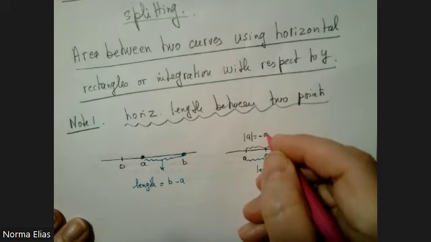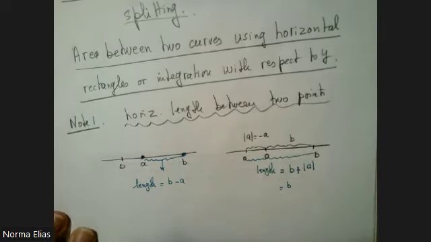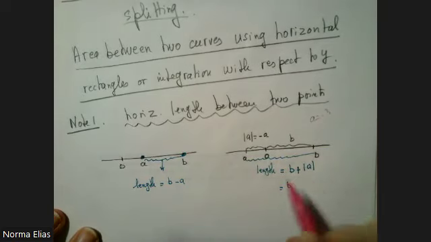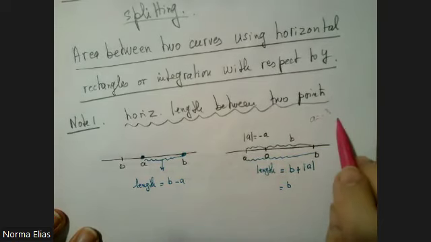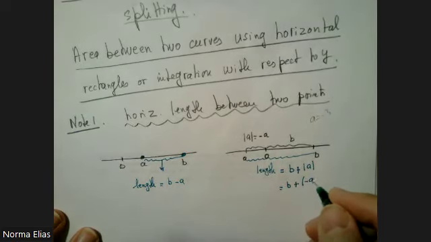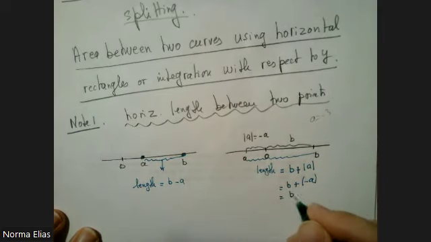It's not A, it's minus A. Because let us say A is minus 3, then its absolute value is 3, which is minus A. So plus minus A means B minus A.